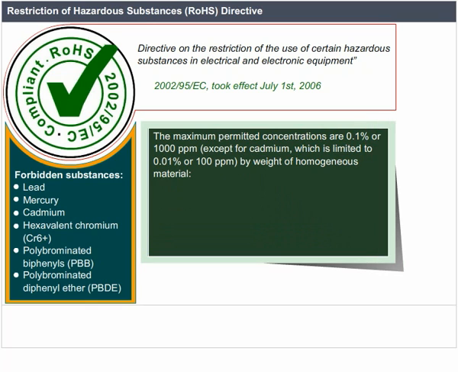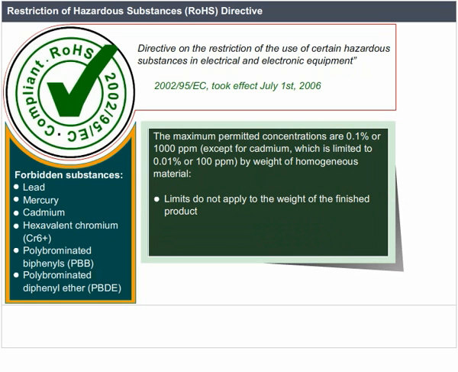The maximum permitted concentrations are 0.1% or 1000 ppm, except for cadmium, which is limited to 0.01% or 100 ppm by weight of homogeneous material.